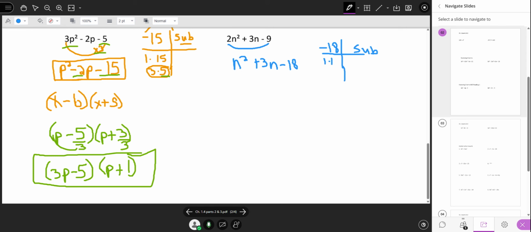So 1 times 18 and 2 times 9 and 3 times 6. Well, that one will subtract to give me the 3. Now this is x plus the big, because this is type 3, and x minus the small. So plus the big minus the small.